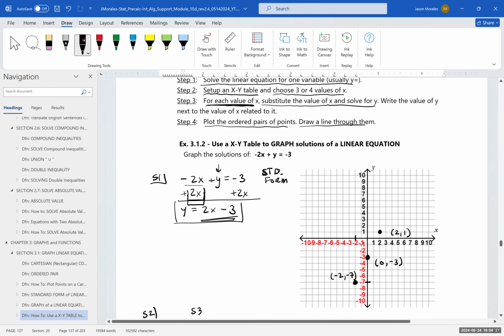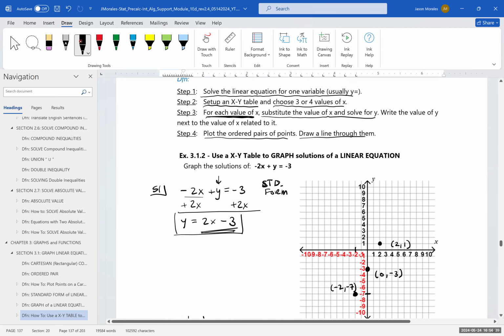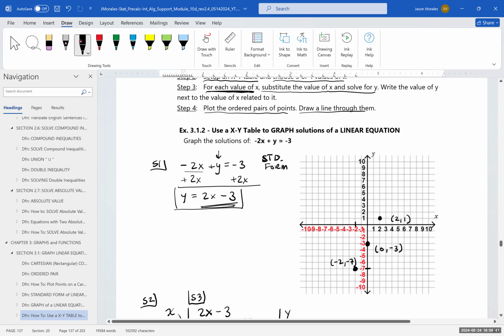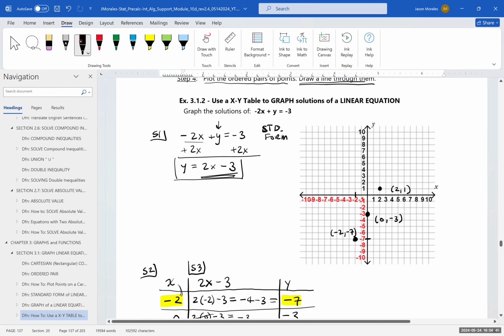Okay, step 4, plot the ordered pairs, which I kind of did ahead of time, and draw a line through them.